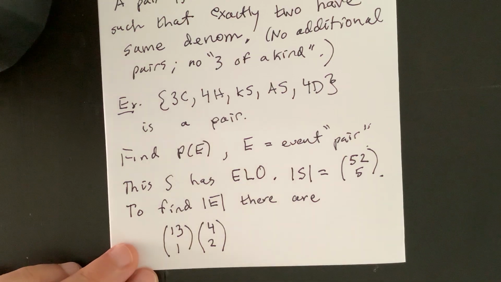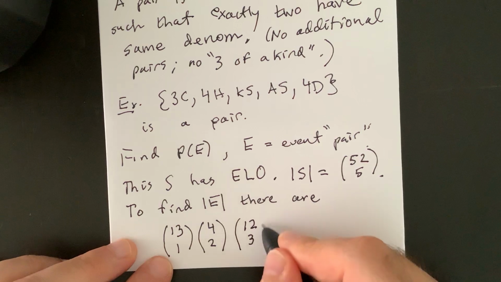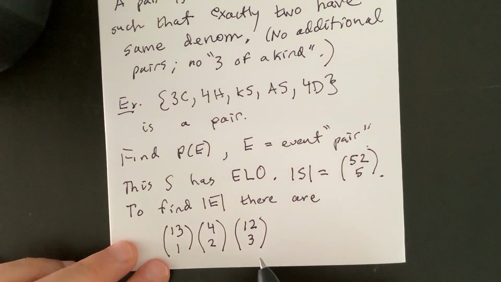So let's see, for the other three, here's the deal. Out of the other 12 denominations left over, you need to pick three to be represented, right? So it's 12 choose 3. That gives me the other three denominations. So for the other denominations, it's 12 choose 3. But then say I have those three denominations, I can have any of the four suits for any of them, right?